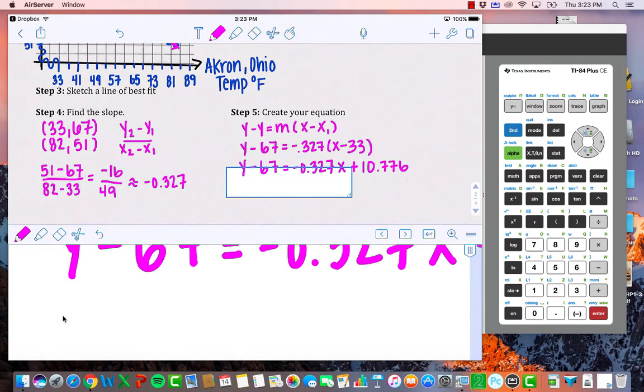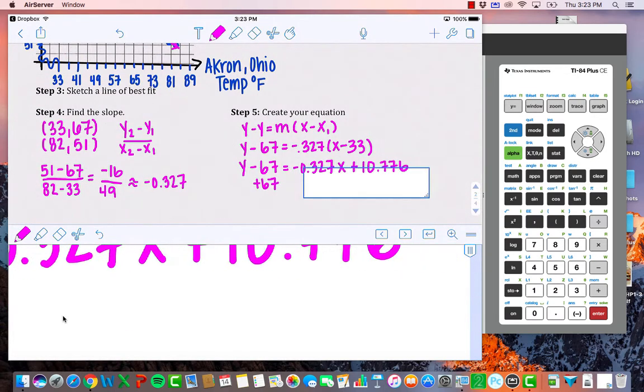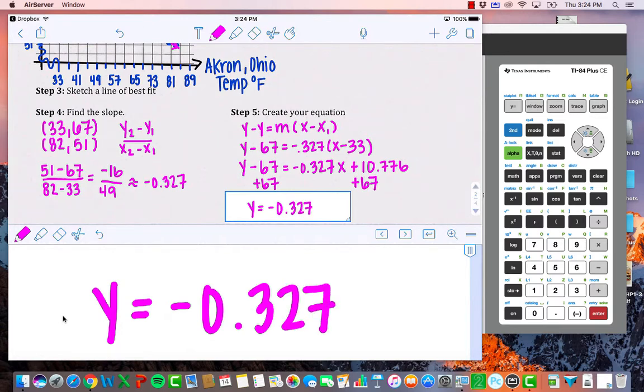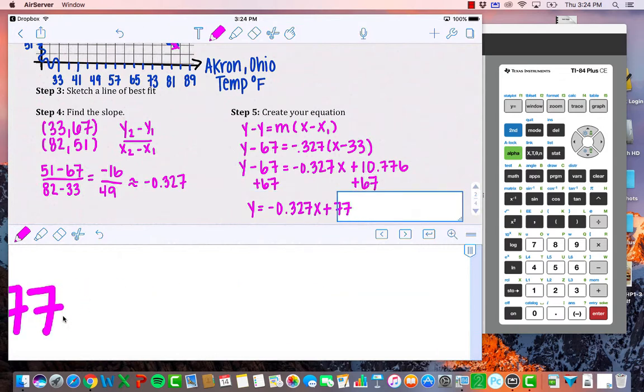And finally, I'm going to add 67 to both sides to get y by itself. And y is equal to negative 0.327x plus 77.776.